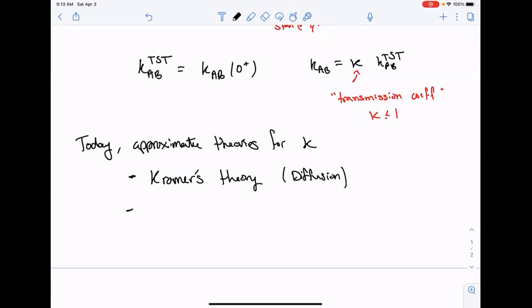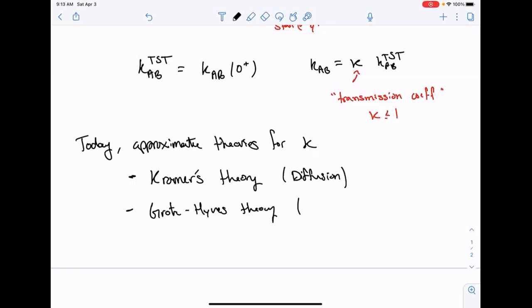Or in the opposite limit, we'll consider so-called Grote-Hynes theory, which assumes that the reaction occurs quickly enough that the other degrees of freedom are not Markovian, so that they take some time to catch up to that fleeting reaction as it's occurring.